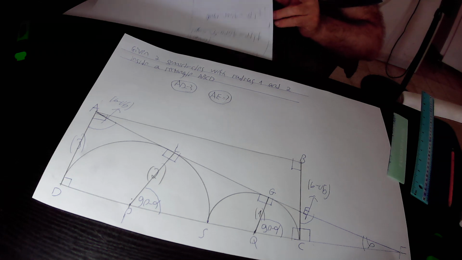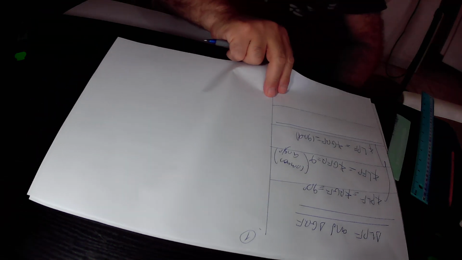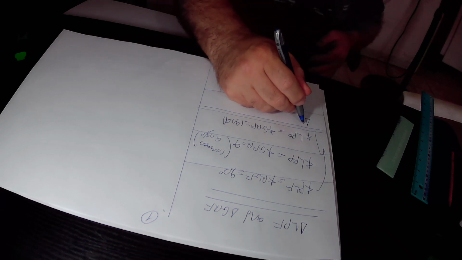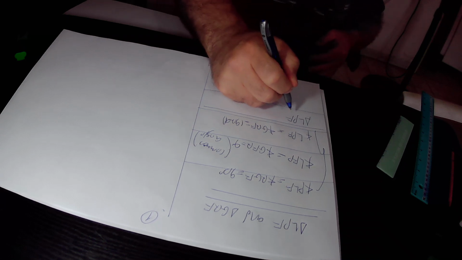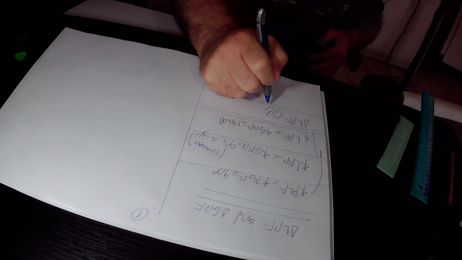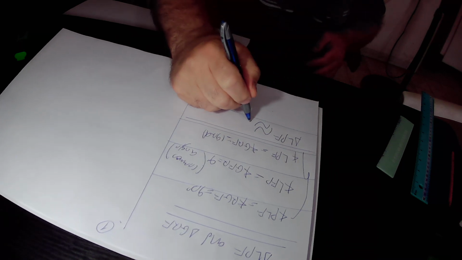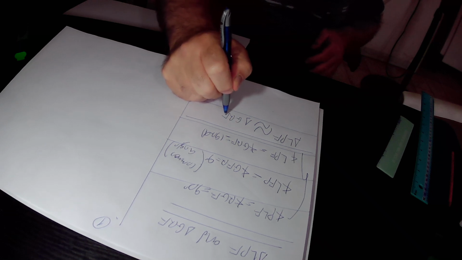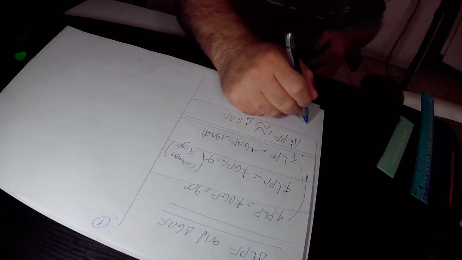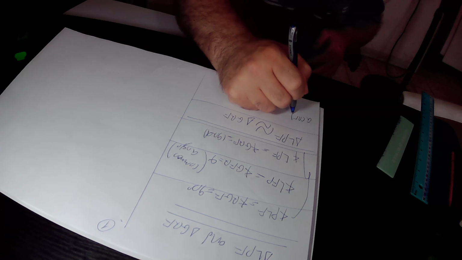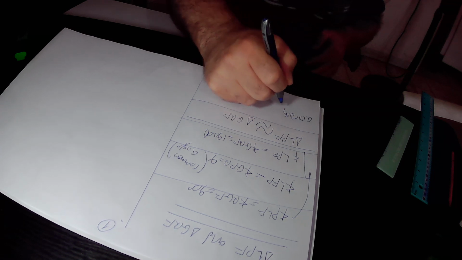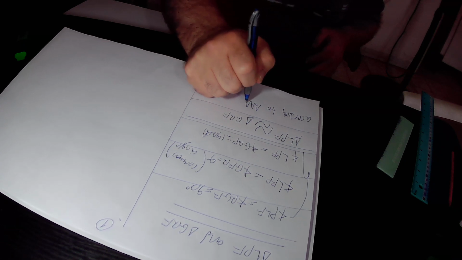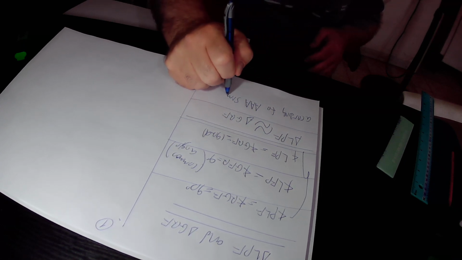So write it down: the big right triangle LPF is similar, this is the sign of similar, to the small right triangle GQF according to the angle similarity rule.